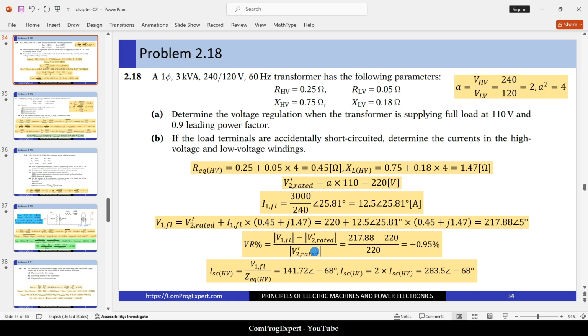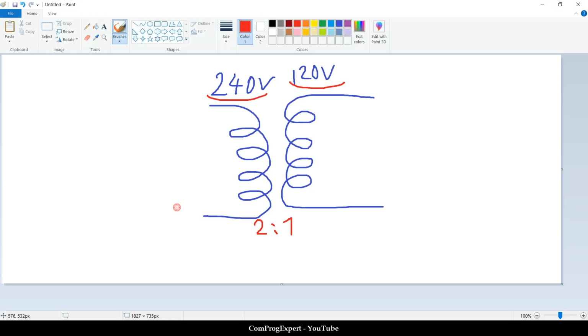So to solve this problem, I'm going to use the equivalent circuit referred to the high voltage side. In the first step, we need to calculate the resistance of the equivalent model and the leakage reactance referred to the high voltage side.